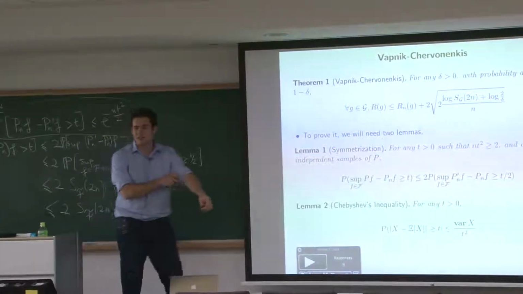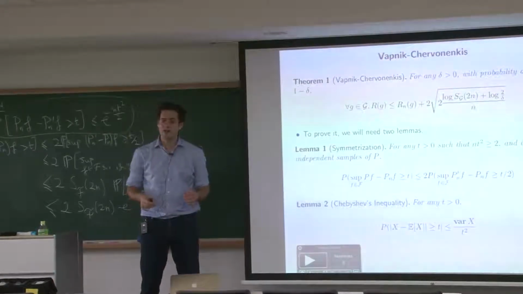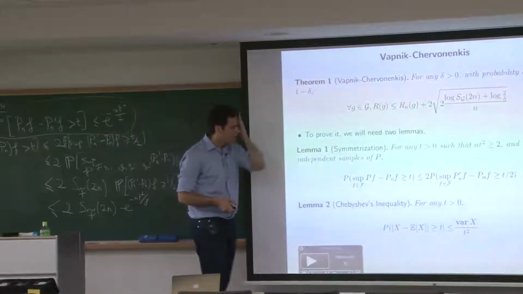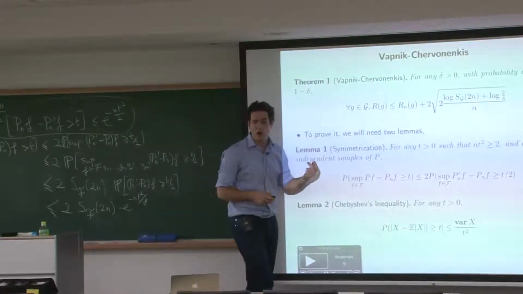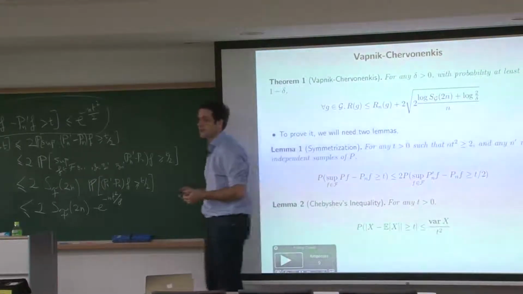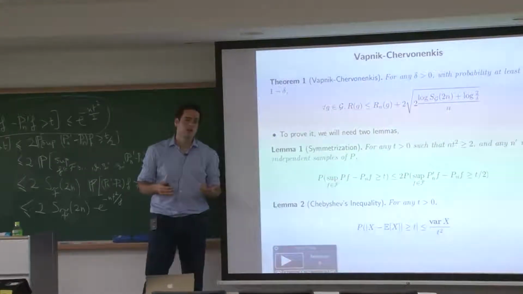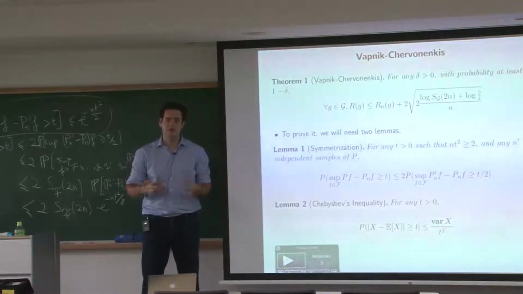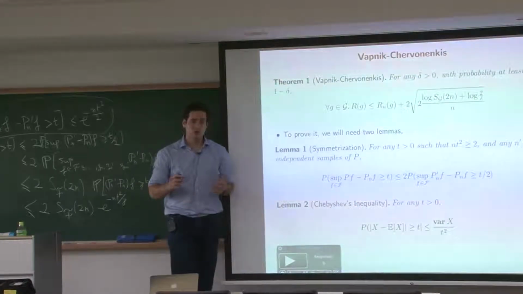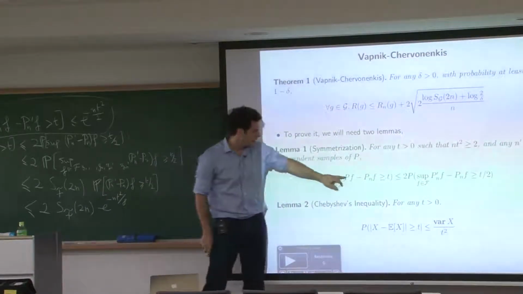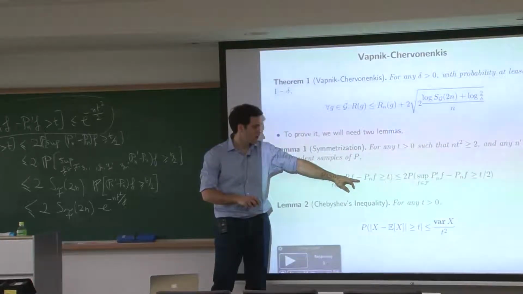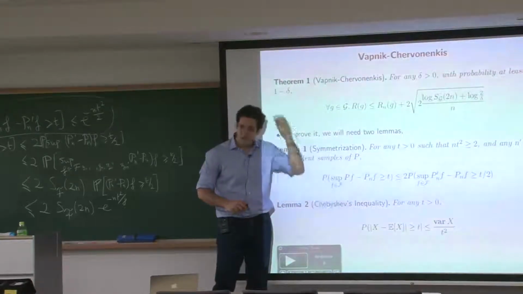I'm not sure it was the best idea to do this on the blackboard, but I just wanted to give you an idea of how you can get such results. There is a reason why a 2n appears here: to prove this, we went through the definition of another sample, a ghost sample, and then played with that ghost sample to bound the deviation between the true and the empirical risk by the deviation between two different empirical risks.